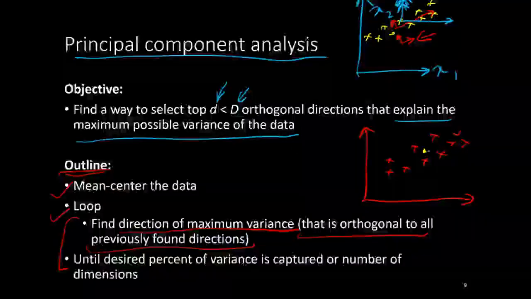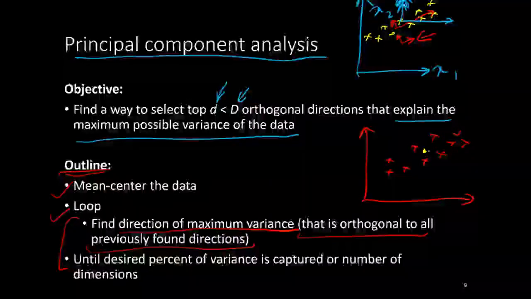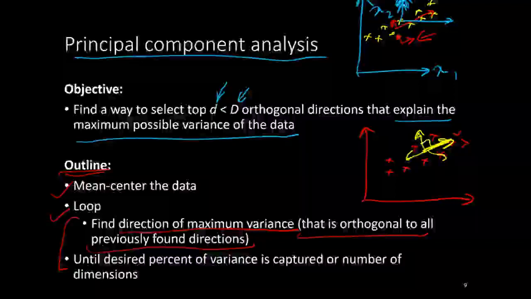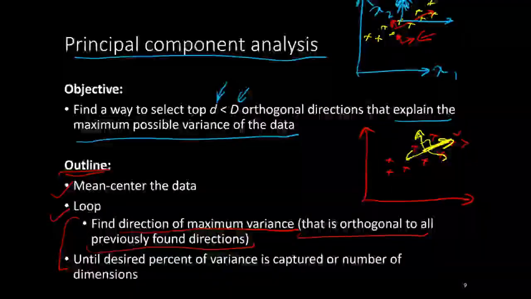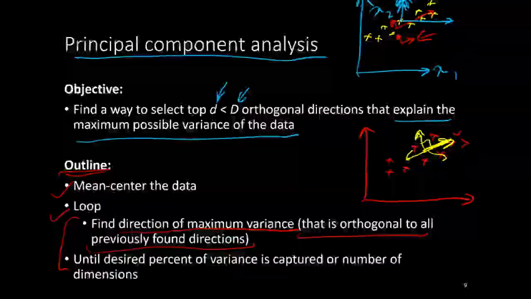We can have this direction, this direction, this direction, etc., right? So we find the direction which has the maximum variance, because that is the first principal component, and then we are only left with what is orthogonal to it in 2 dimensions. Whereas in 3 dimensions we would have an entire plane of directions in which we will have to choose the second direction, and then the third direction will be fixed.